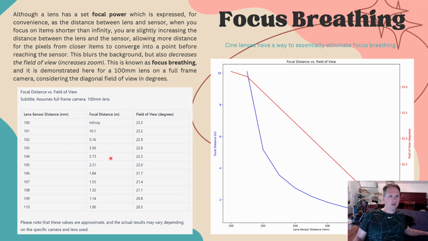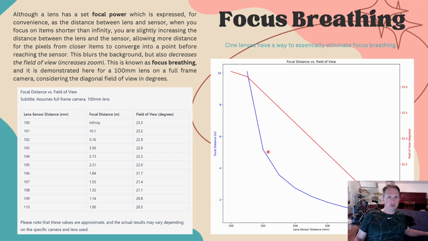And you can see the whole gamut of values there. But as you did so, you also shrunk the field of view from a diagonal angle on a full frame camera from 23 degrees to 20 degrees.